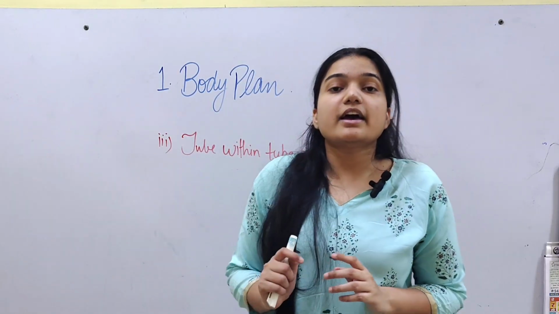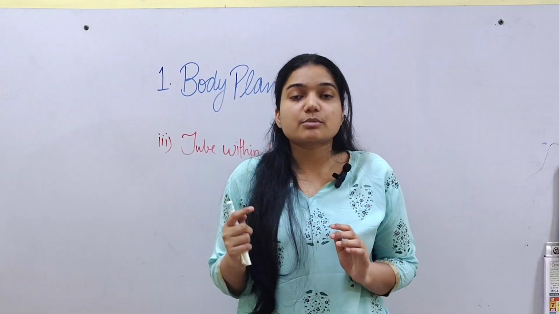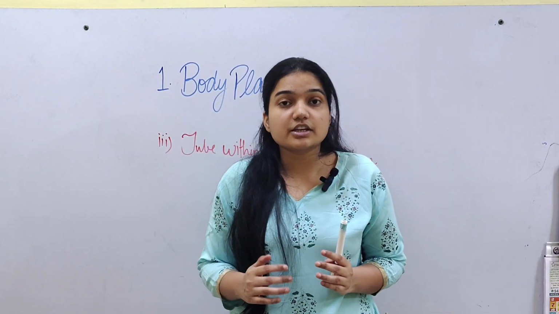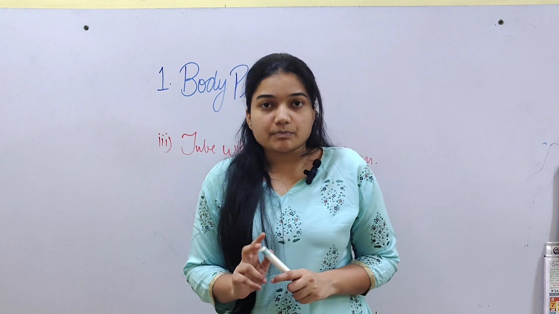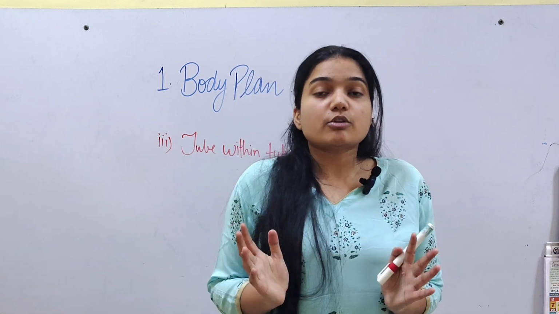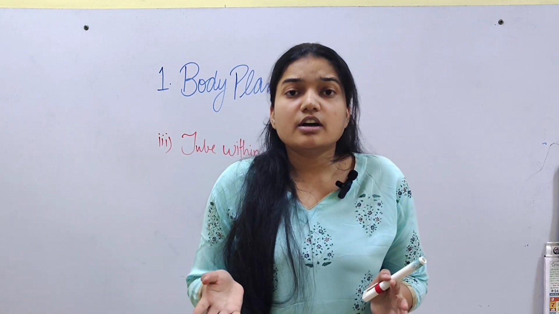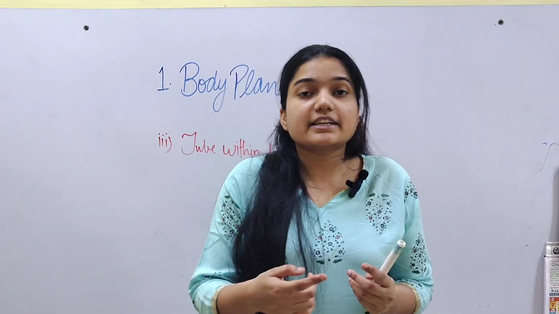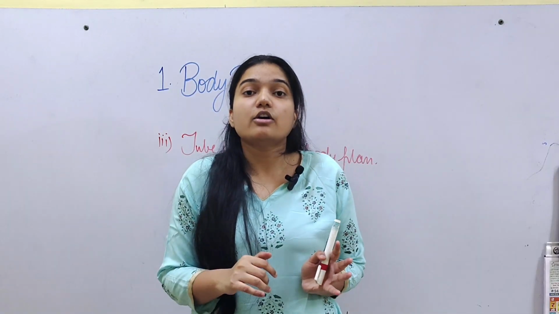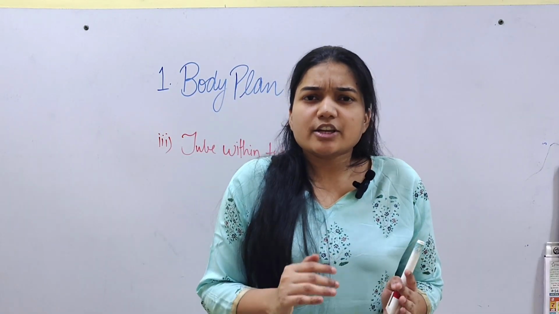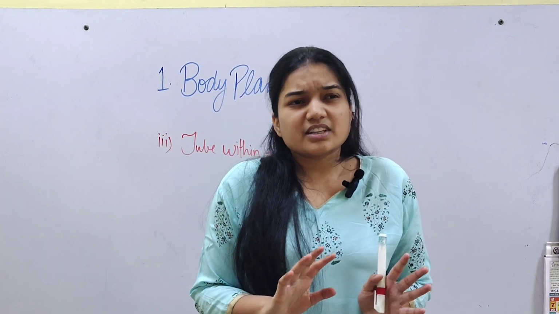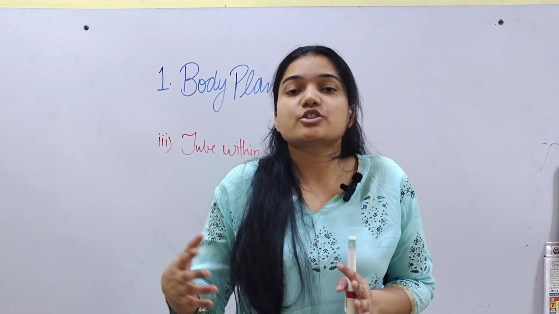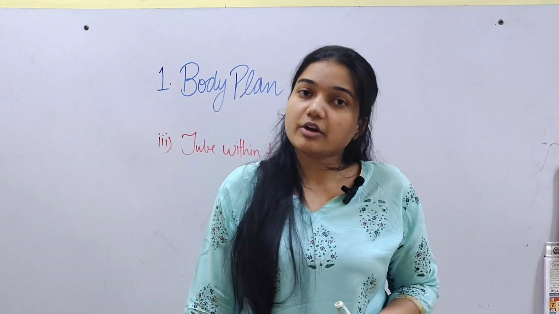This type of plan has two openings. The first is on the anterior side of the body for intake of food, and the second is located on the posterior side of the body for egestion of food. You getting my point?